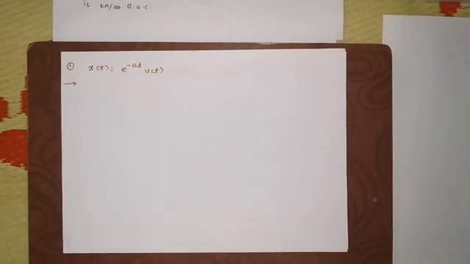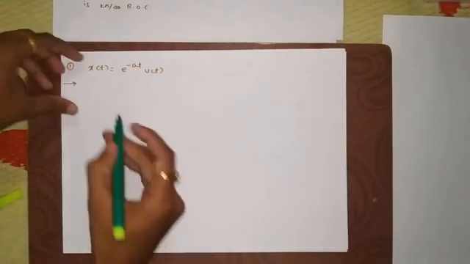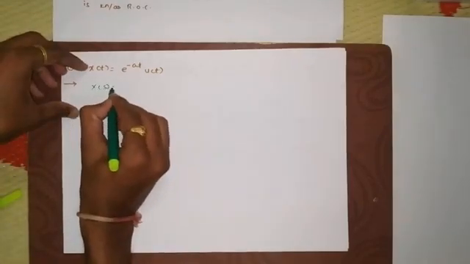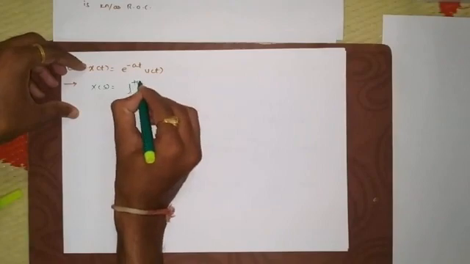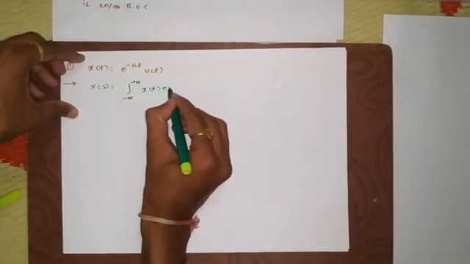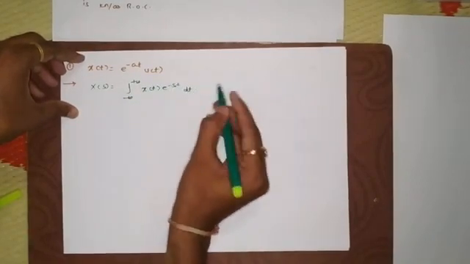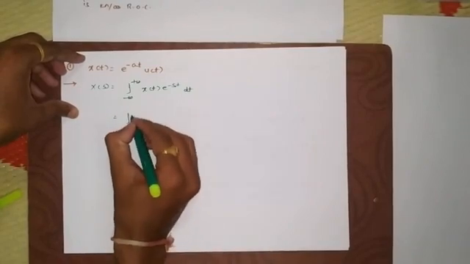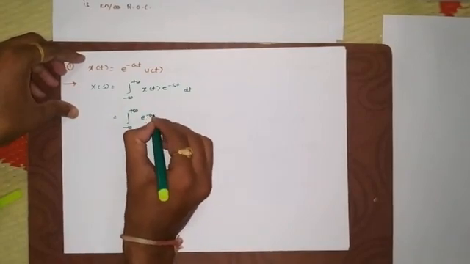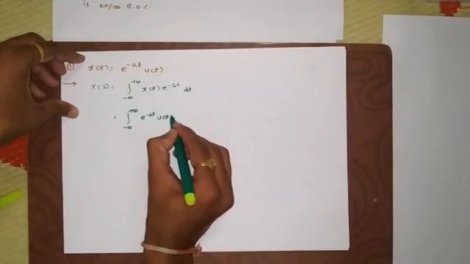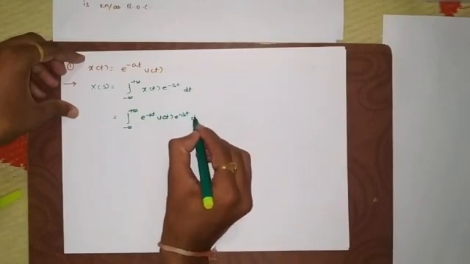Now let us see this example. x of t is equal to e raised to minus at into u of t. We have to find its Laplace transform. So we write X of s equals the integration of x of t e raised to minus st into dt. So this is from minus infinity to plus infinity of e raised to minus at u of t e to the power minus st into dt.